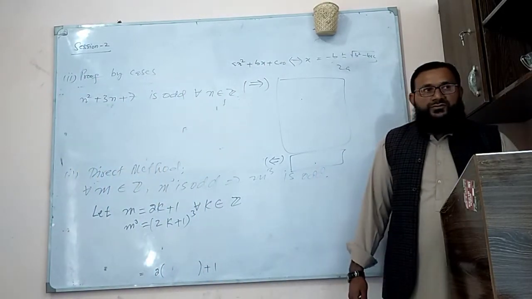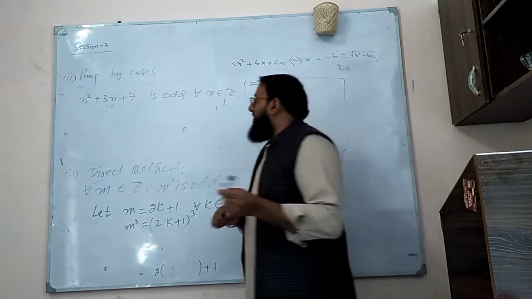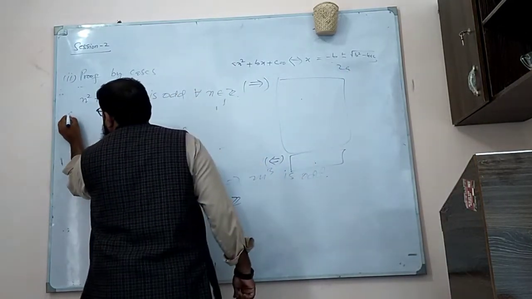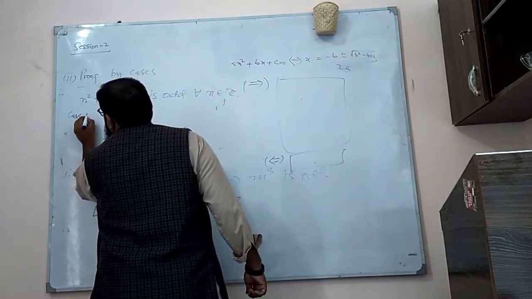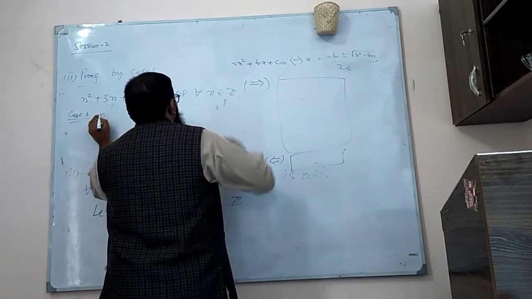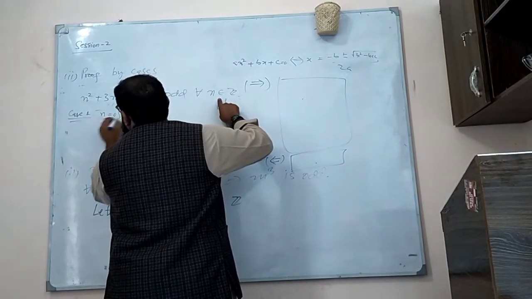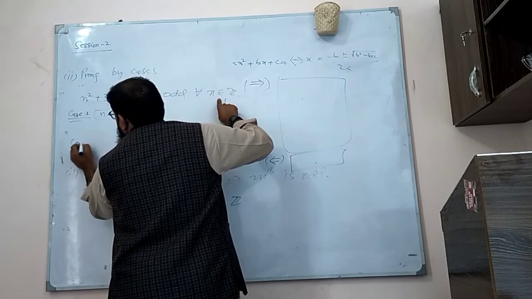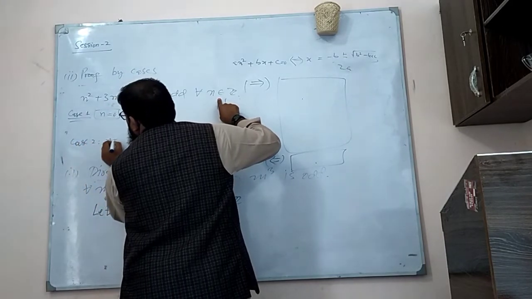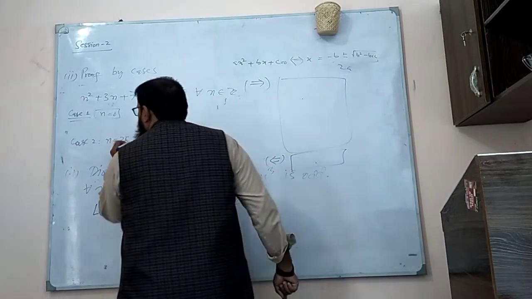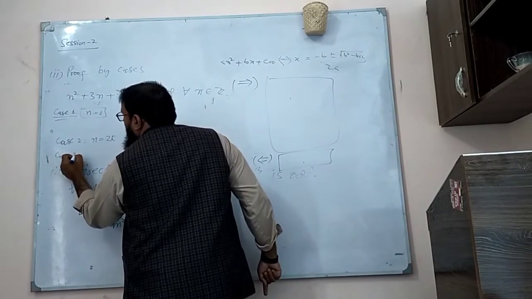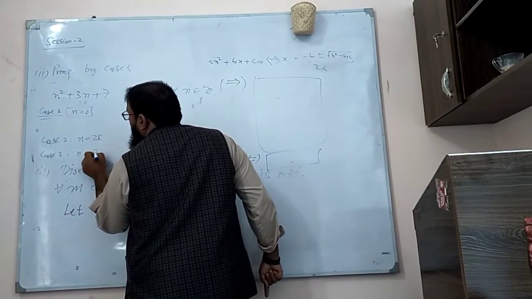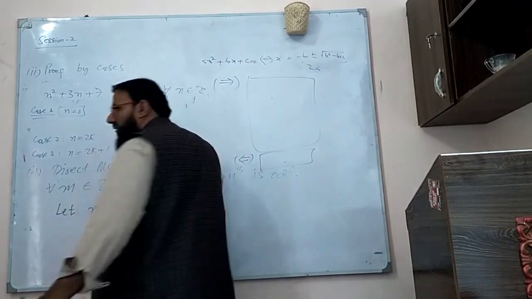Now how to prove? You have to do some sort of cases. Case 1, when you take the integer to be 0; case 2, when you take the integer to be even; and case 3, when you take the integer to be odd.